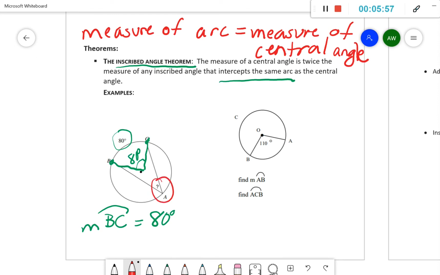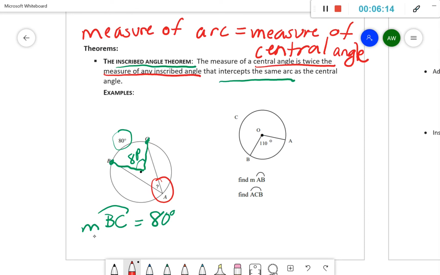Well, this is where we're really going to dive into our inscribed angle theorem. The theorem says, I'm going to read it one more time, the measure of a central angle is twice the measure of any inscribed angle that intercepts the same arc, right?